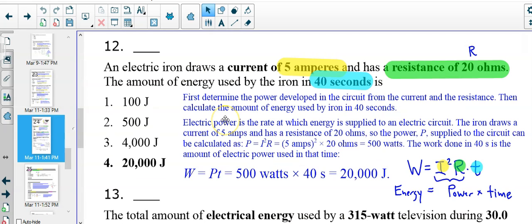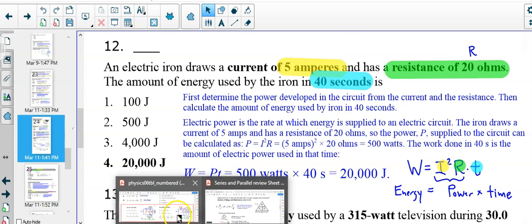In problem number 12, an electric iron draws 5 amps and has a resistance of 20 ohms. The amount of energy used by the iron in 40 seconds is... So we're looking for the amount of energy, so that's a W value. Now, we can go directly to W equals power times time, but the problem is we have to find electrical power.